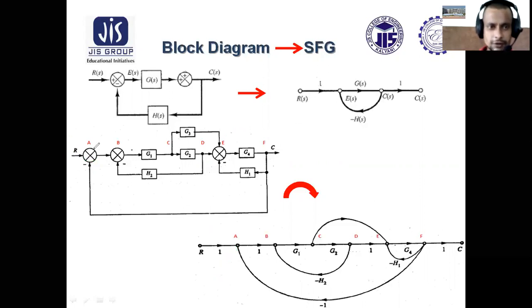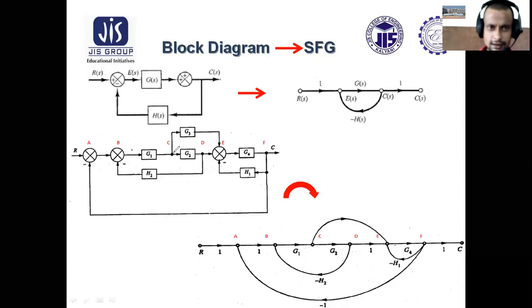Now in between A and B there is only one signal without any weightage given. If no weightage is given, we'll consider it as 1. So in between A and B there is 1, and the signal is flowing in this direction. In between summing point B and takeoff point C, there is G1.